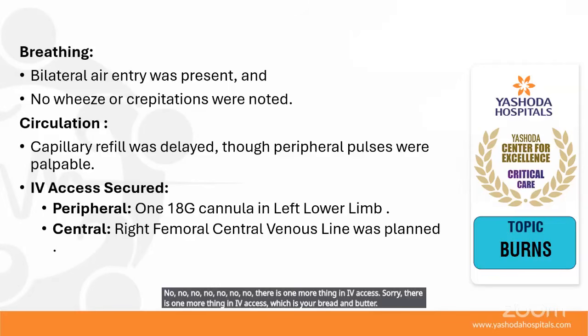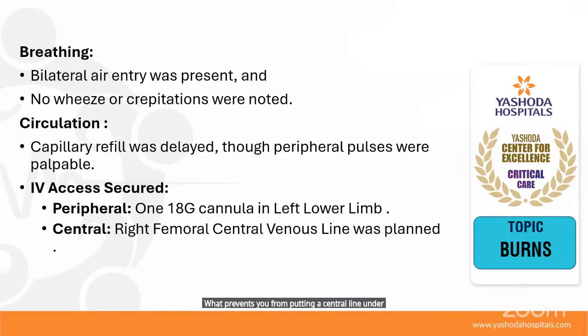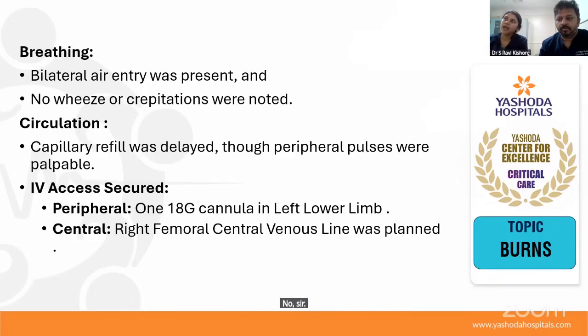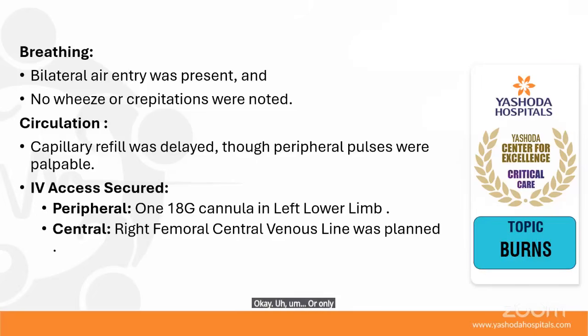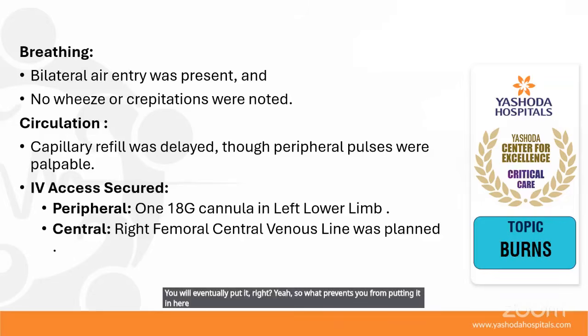What prevents you from putting a central line under ultrasound guidance? Is there any contraindication? No, sir. Only if you will eventually put it, right? Yes, sir, we'll put. So what prevents you from putting it here? Unless it is a contaminated wound.